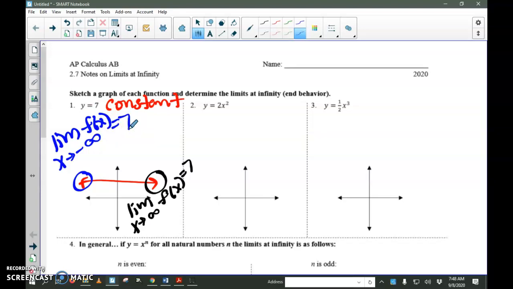And so instead of saying that we're approaching a specific x value from the left or the right side, or overall, we're going to be looking at limits as the x values grow larger in the positive direction, or larger and larger and larger in the negative direction. In other words, we're looking at limits as x approaches infinity or as x approaches negative infinity.